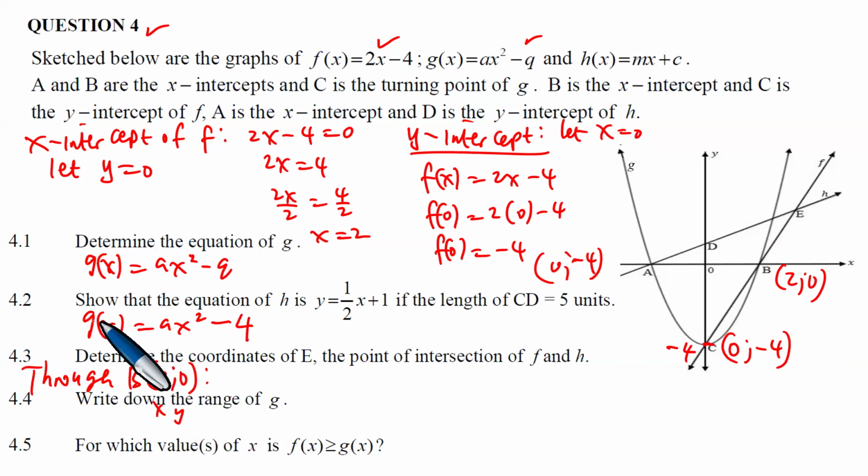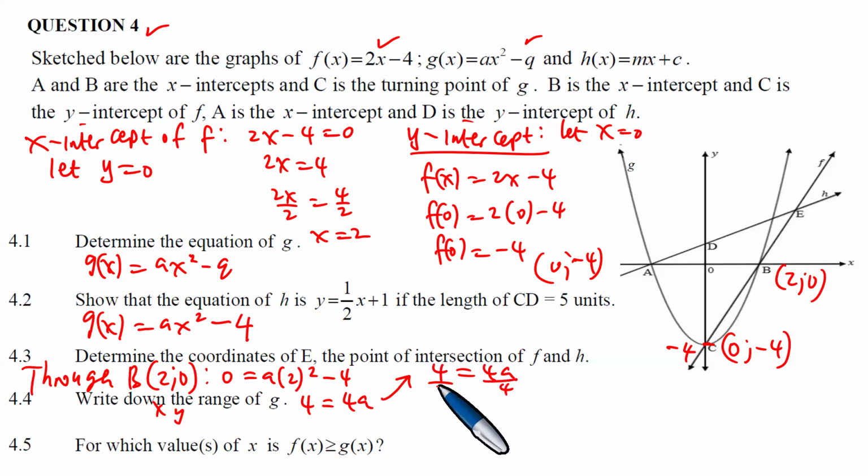You put y equals 0 here. The x is 2. You square this, minus 4, which means 0 is equal to 4a minus 4, so 4 equals 4a. You divide by 4 on both sides, which means a is equal to 1.